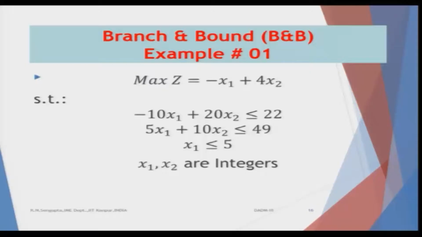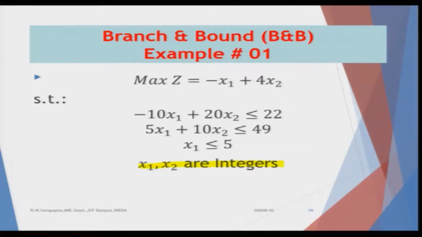So, we have a maximization problem of minus x1 plus 4 x2. Obviously, in this case, as mentioned in the last point, which I will keep highlighting, x1 and x2 are integers. So, what are the constraints? Constraints are minus 10 x1 plus 20 x2 less than or equal to 22, less than type, and 5 x1 plus 10 x2 less than or equal to 49, and another one is that x1 is less than or equal to 5.